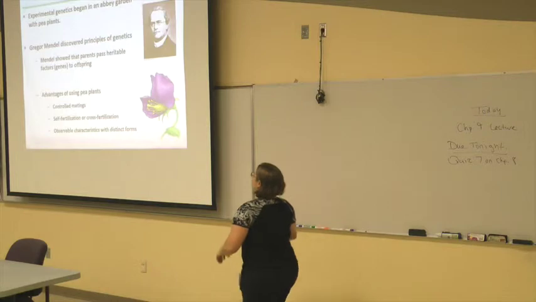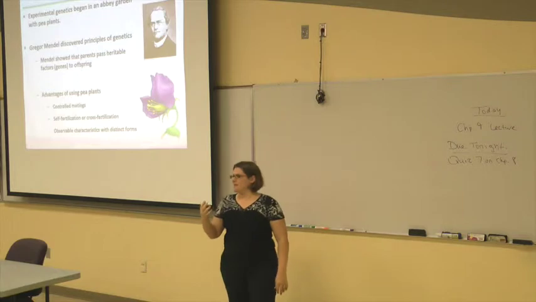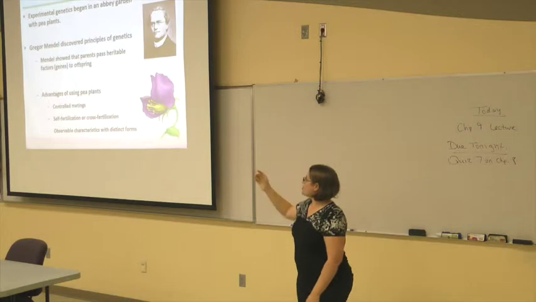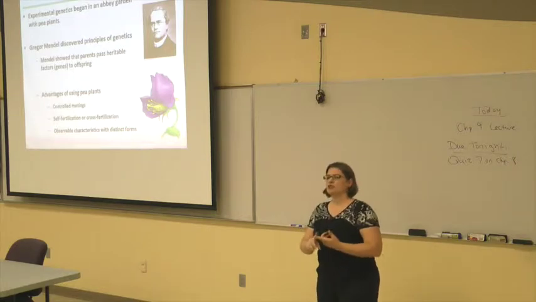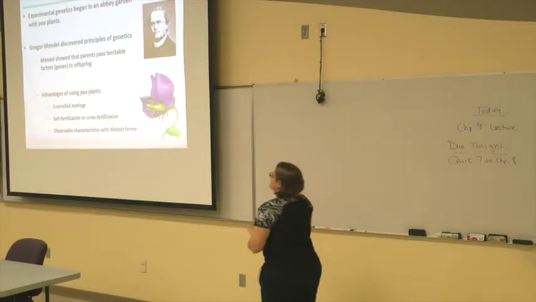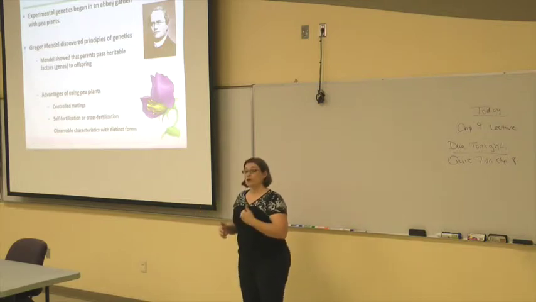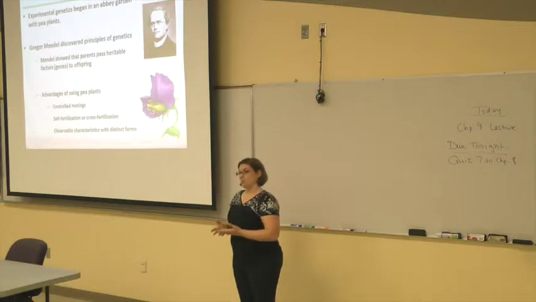Now pea plants were a really good species to use for this experiment because, first of all, he could control their matings. Do you guys know about flowers? Most plants can actually reproduce asexually and sexually. To prevent a flower from fertilizing itself, he could remove the male sex organ, the sperm-producing organ of the flower.